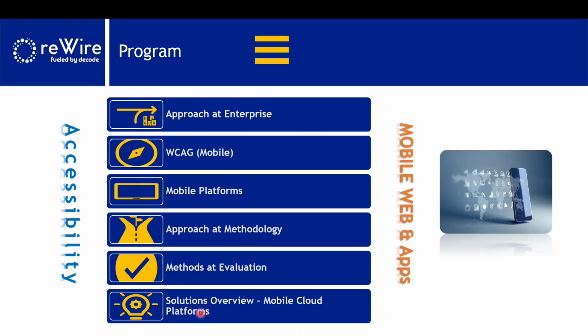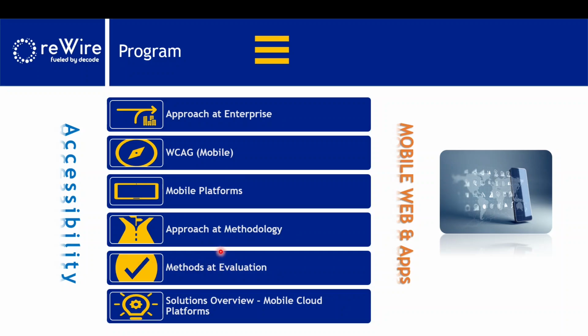It is not open source; it's a kind of commercial solution. Every enterprise customer will have this if you're assigned to any corporate assignment. So that's about my program on mobile apps and web accessibility.